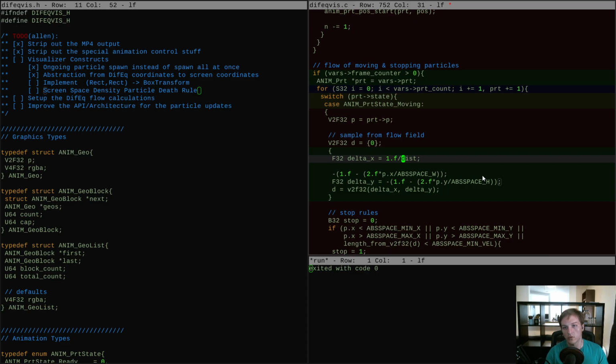So what we could do is do 1 point f over the absolute value of the distance times the sine of the distance.